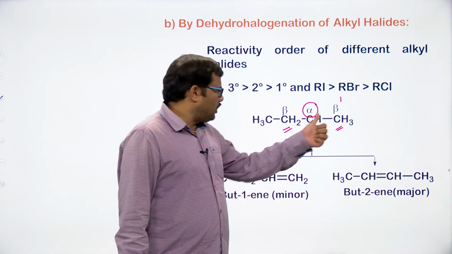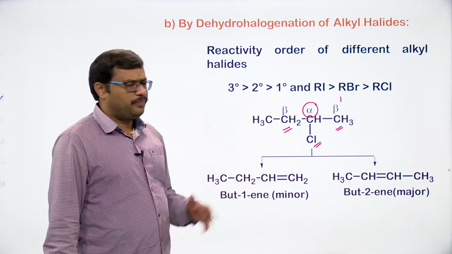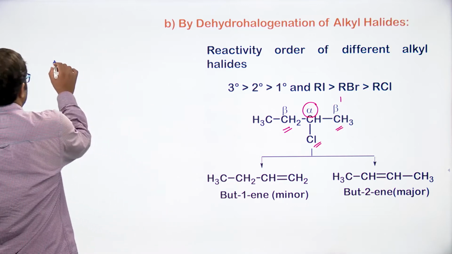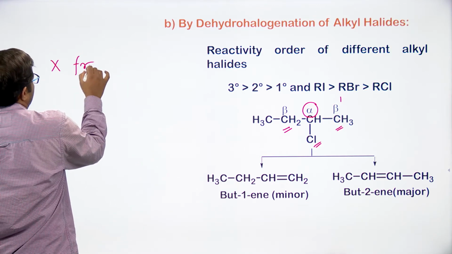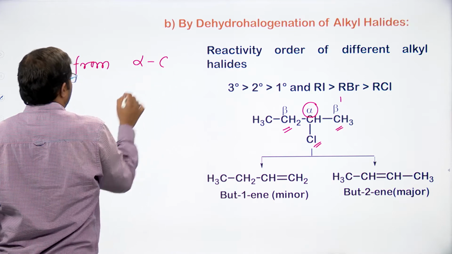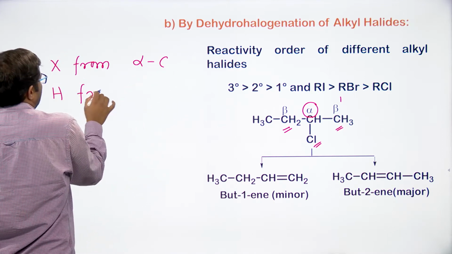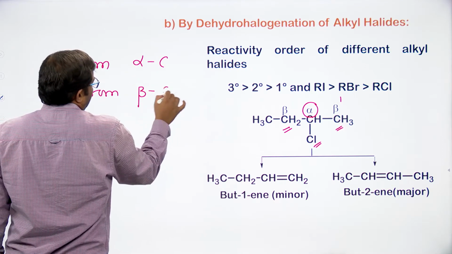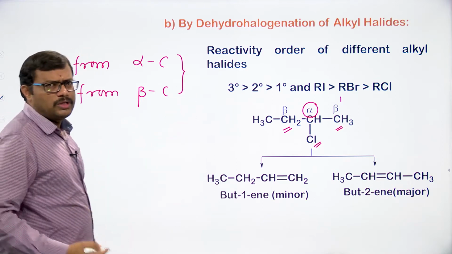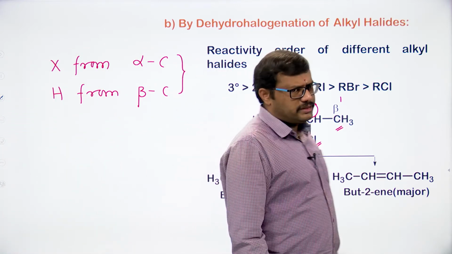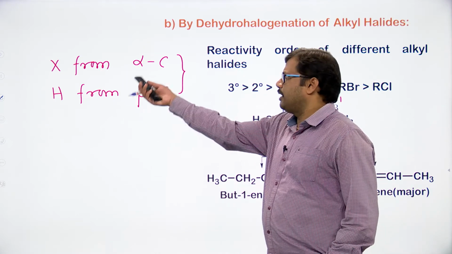Both hydrogens are available. In this case, halogen from the alpha carbon atom and hydrogen from the beta carbon atom are removed. What groups are removed in dehydrohalogenation? The halogen atom as well as the hydrogen atom.